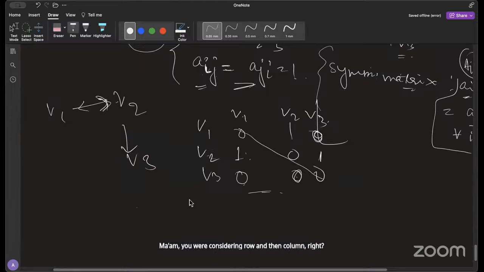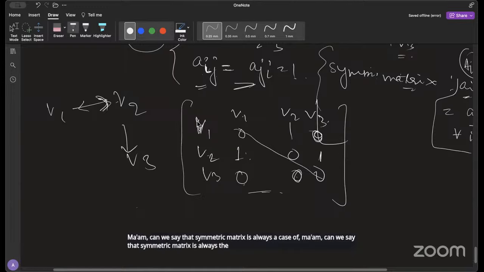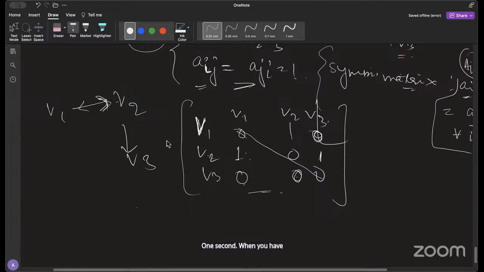Yeah. Ma'am, can we say that a symmetric matrix is always the case of an undirected graph, but not a directed graph? One second. When in an undirected graph, it doesn't matter.